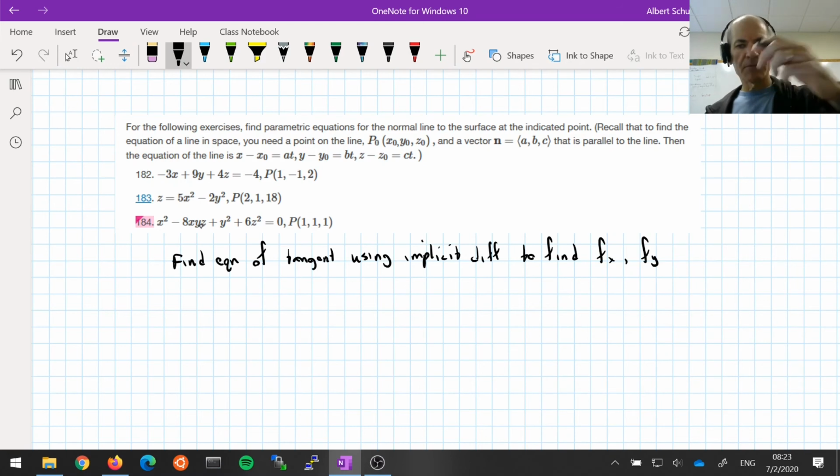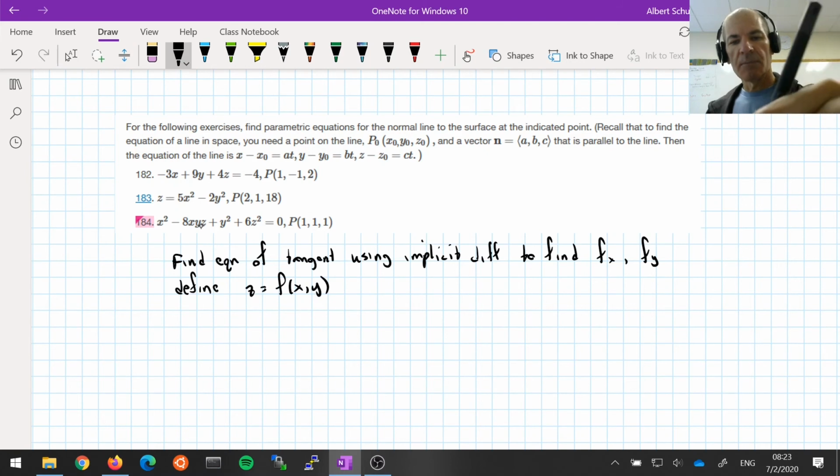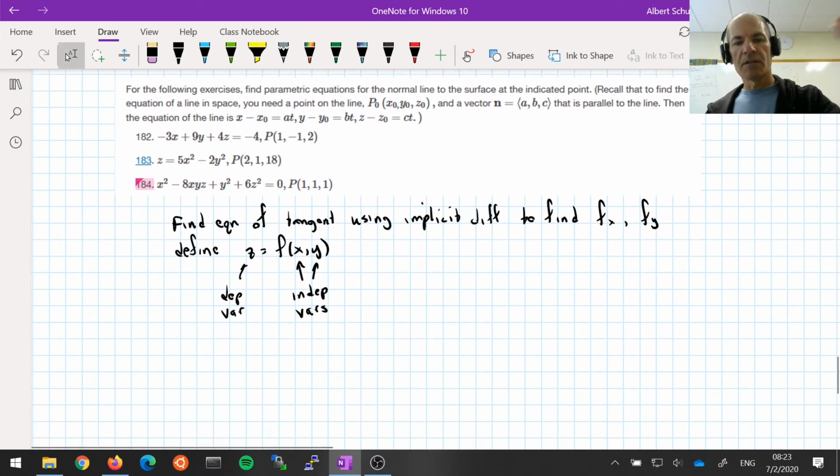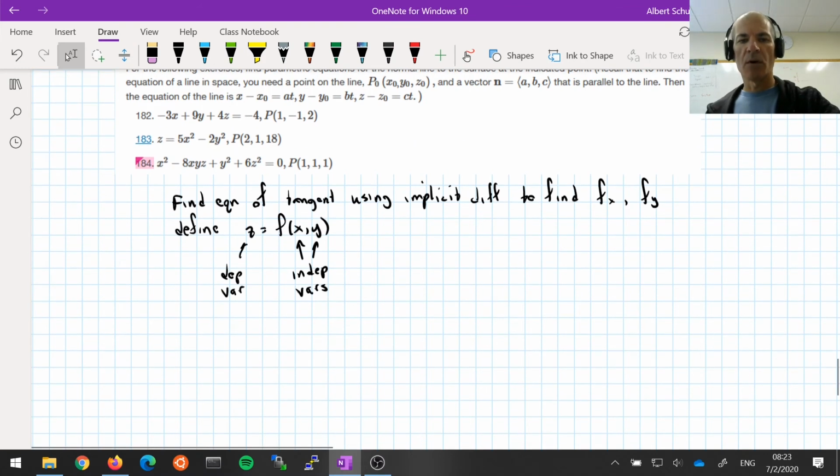Okay, what is this f sub x and f sub y? So we're going to define z to be a function of x and y. This does a couple of things. This tells me that z is the dependent variable, and these are the independent variables. And furthermore, this tells us how we can differentiate with respect to x and y.